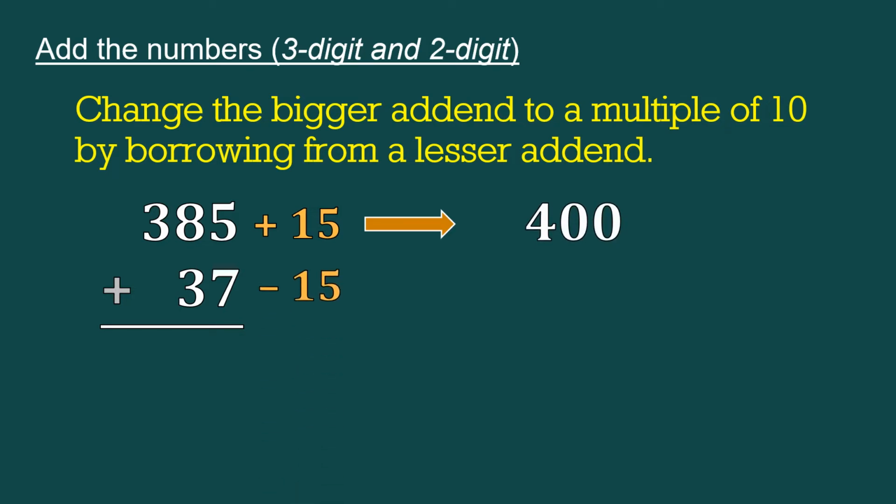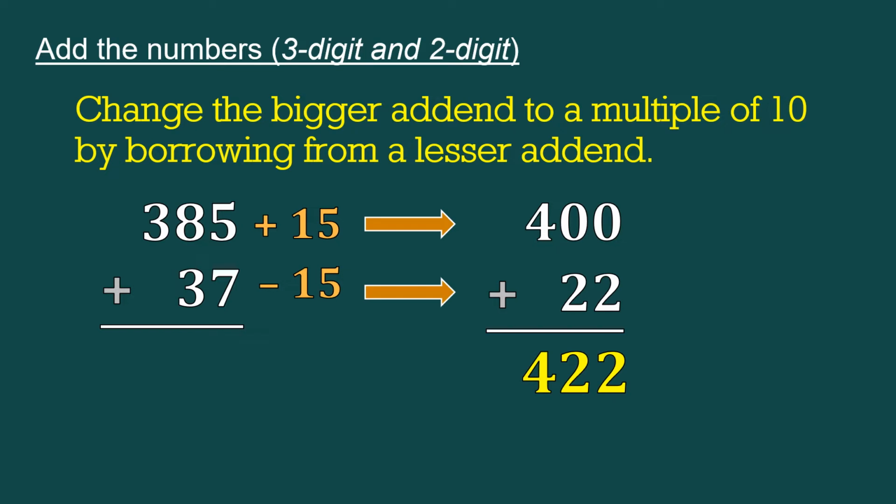Since we borrowed 15 from 37, 37 now becomes 22. Then, we add the newly formed addends. 400 plus 22 is equal to 422. So, the sum of 385 and 37 is 422.